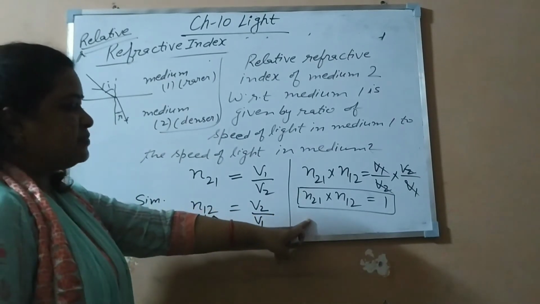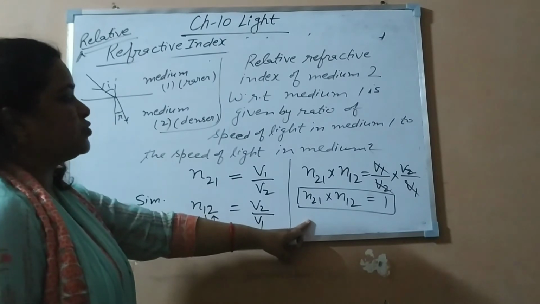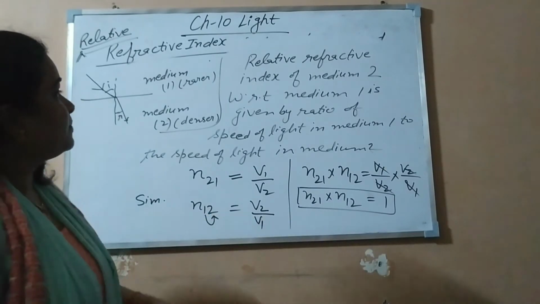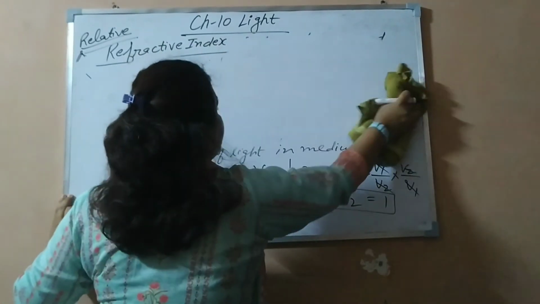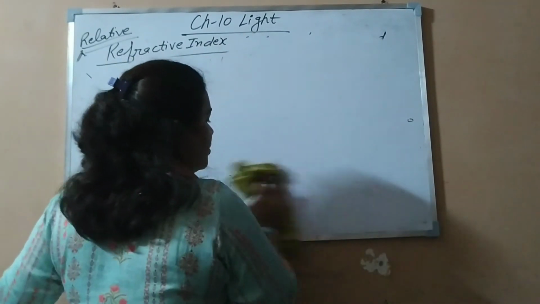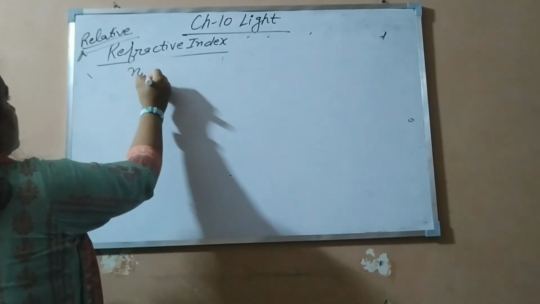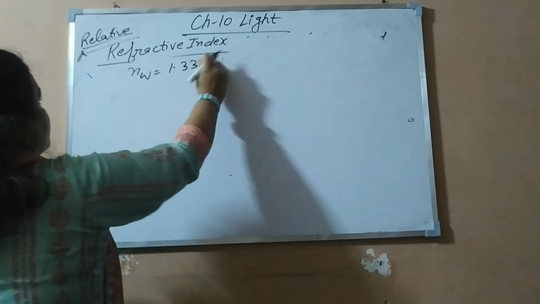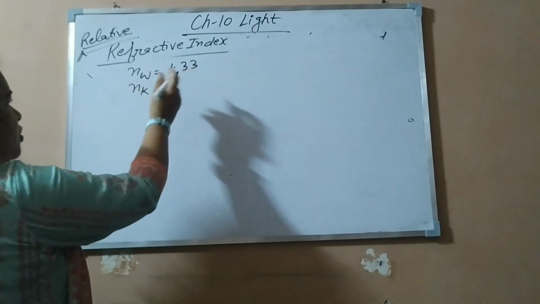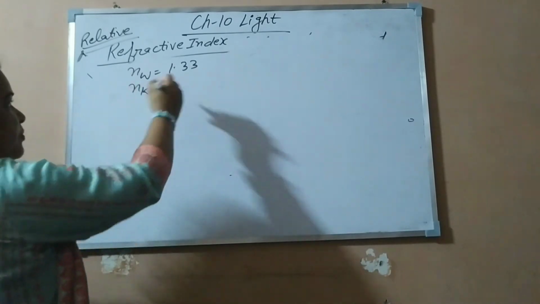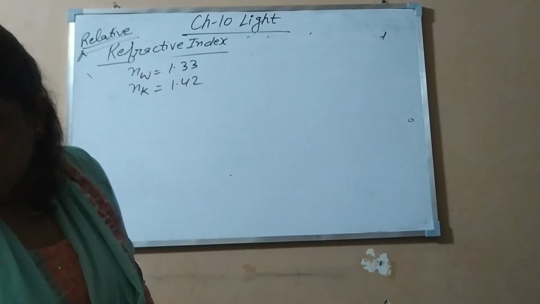So N21 into N12 is equal to 1. If the refractive index of any material is given, then we can calculate its opposite also. Let's try to do that. The refractive index of water is 1.33. Let us take the refractive index of kerosene as 1.44, from the NCERT book.